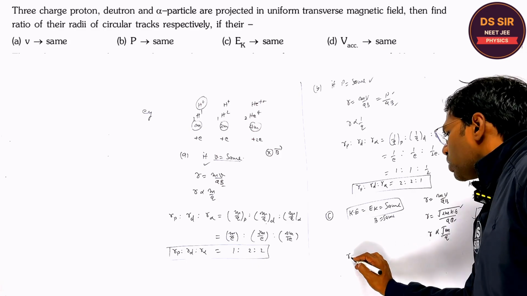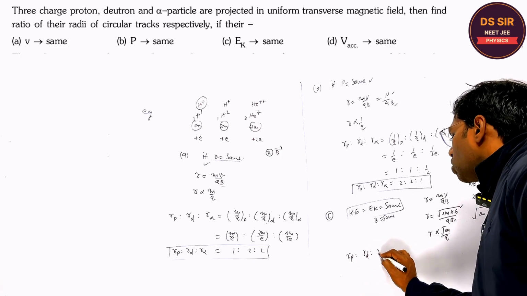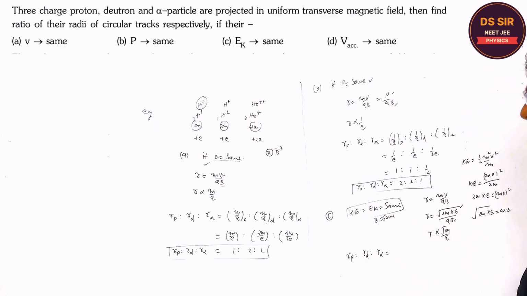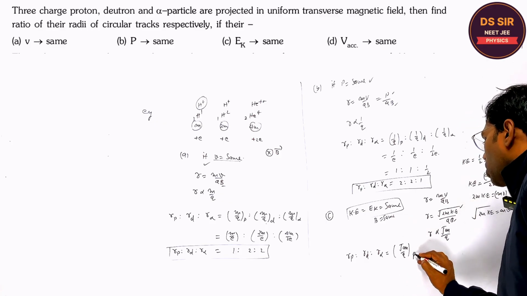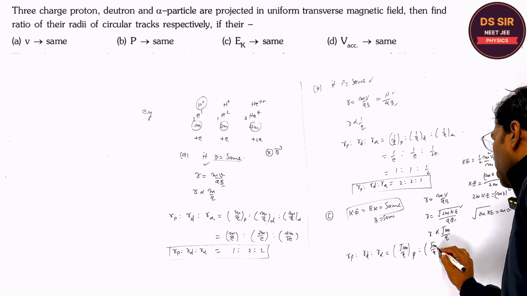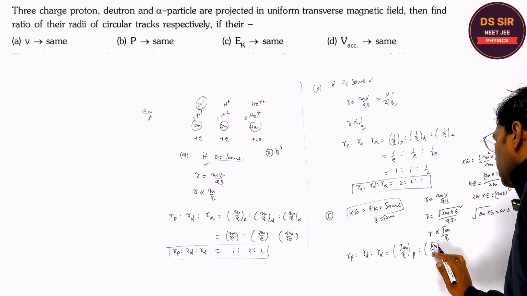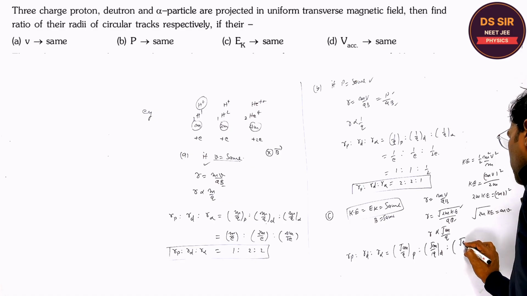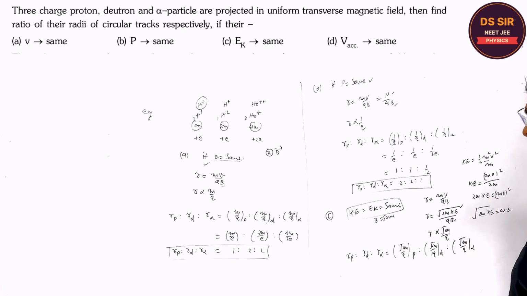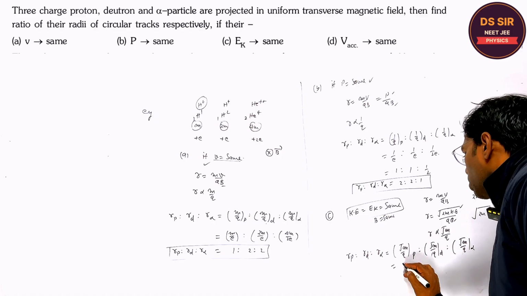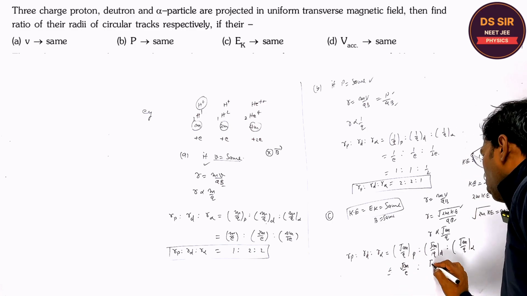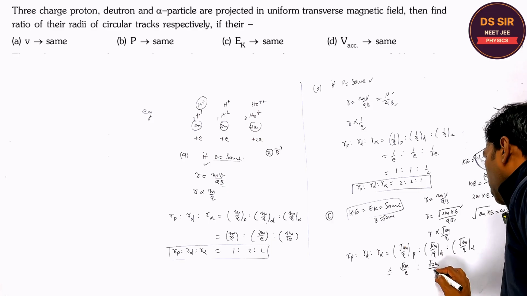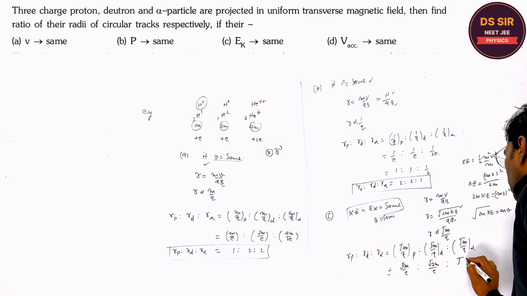So radius of proton, deuteron, alpha particle is root m upon e, root 2m upon e, root 4m upon 2e.